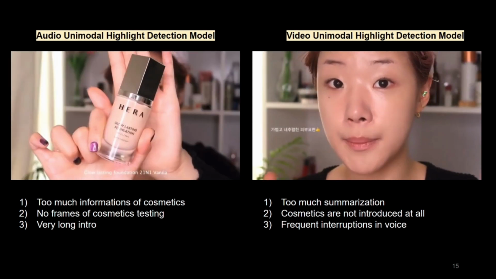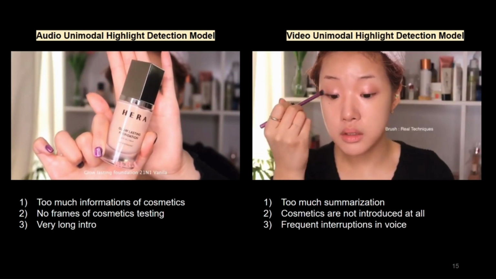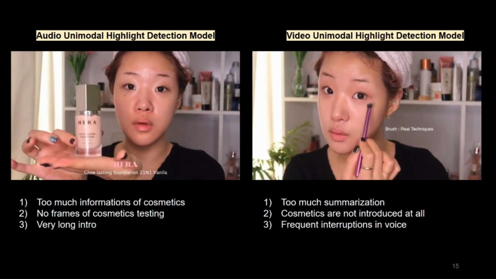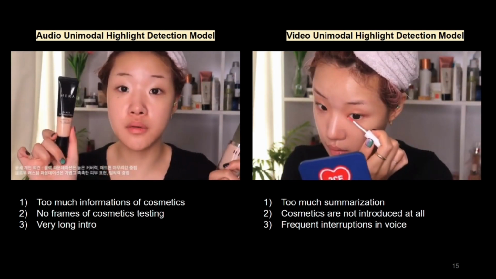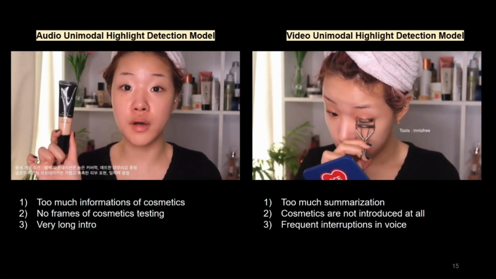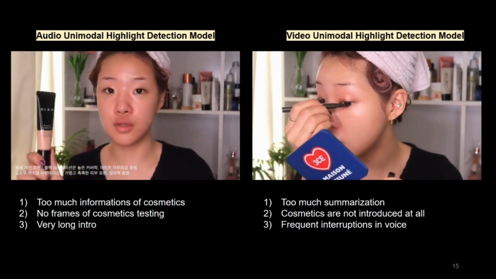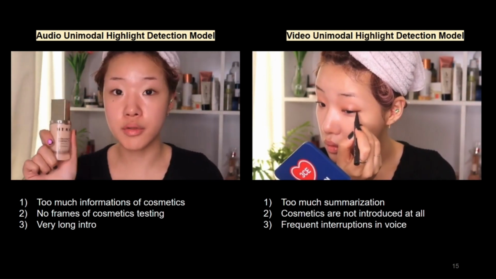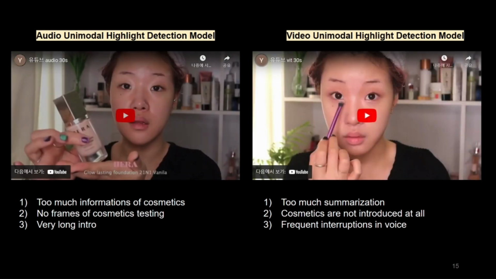The left one shows too much information on cosmetics. Thus, there are no frames of cosmetic testing. And finally, it has a very long intro. However, the right one has too much summarization and cosmetics are not introduced sufficiently. And it has frequent interruptions in voice.